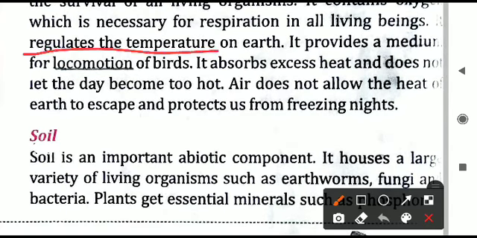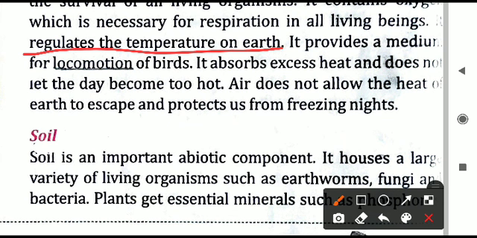Also, air regulates the temperature on the earth. If there is no air available on the earth, if there is no atmosphere, then what will happen? Our planet earth, which has a normal temperature range, will not maintain it. Whatever solar energy is coming, the sun is giving heat energy. That heat energy will strike the earth and go back. It will simply go back into space. But it is not happening normally.